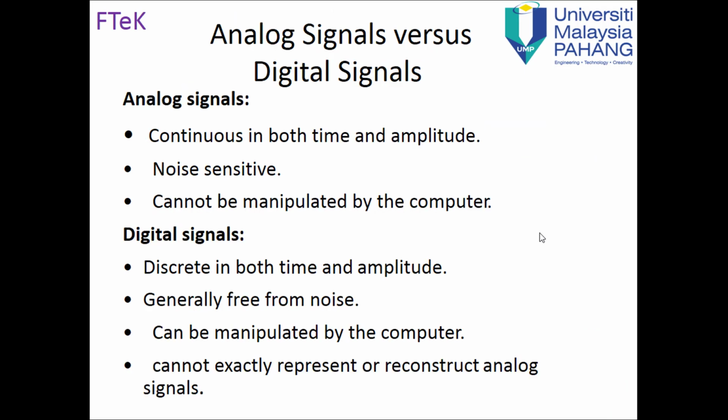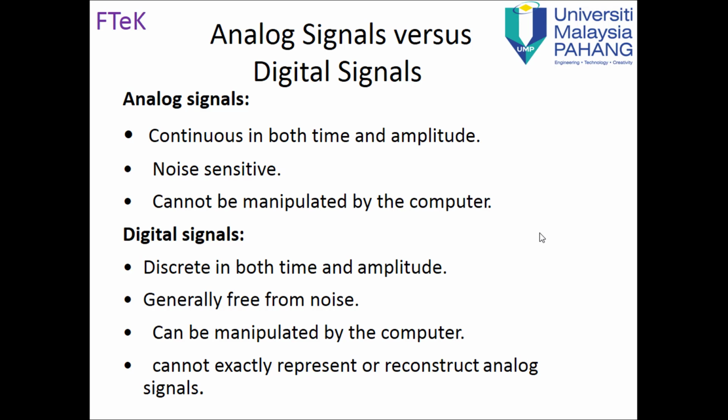There are main differences between analog and digital signals. We can say analog signals are continuous in both time and amplitude. They are considered noise sensitive and cannot be manipulated by computers. Since our microcontroller is a computer, it cannot deal directly with analog signals. That's why we need to convert them to digital signals, which are discrete in both time and amplitude.